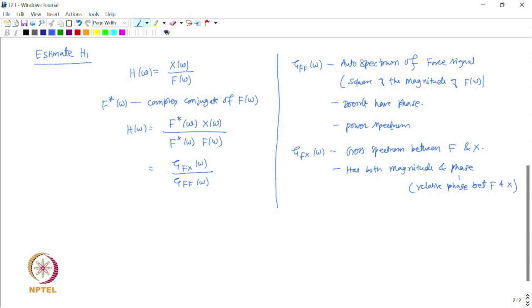So therefore this ratio GFX omega upon GFF omega is also equal to the frequency response function, and this frequency response function estimate is referred to as H1, okay.